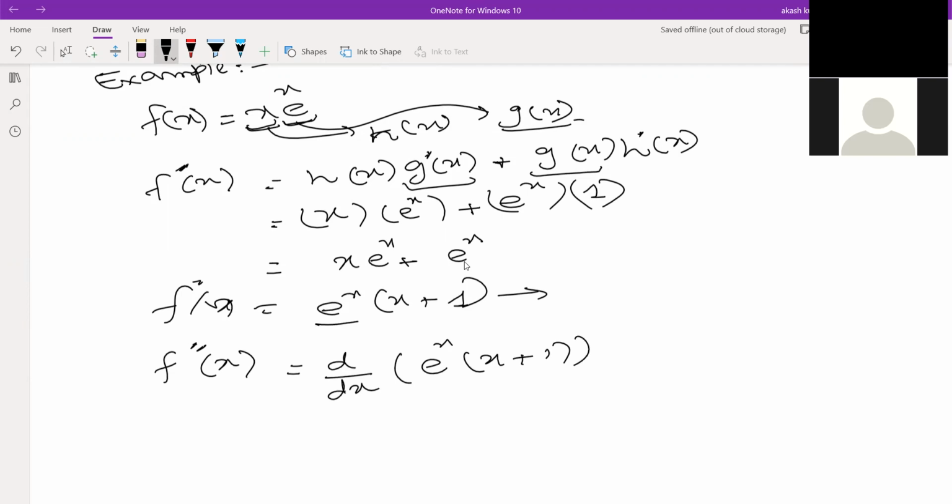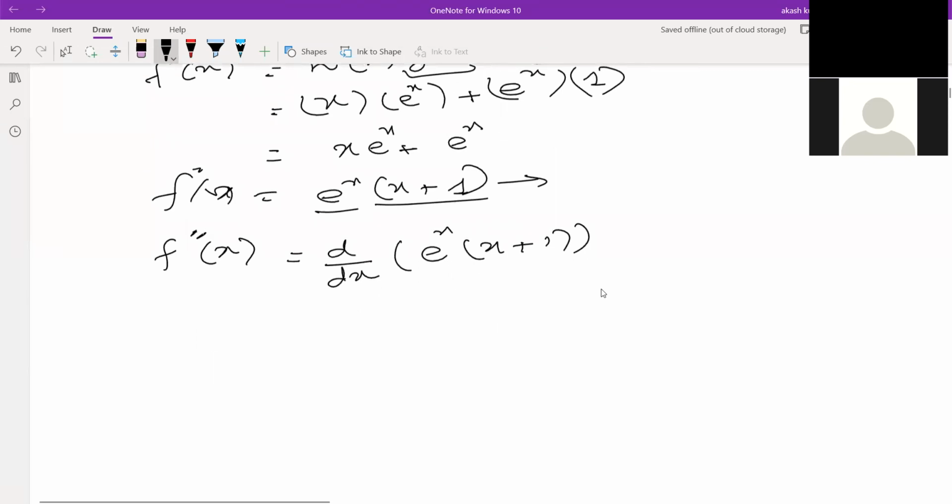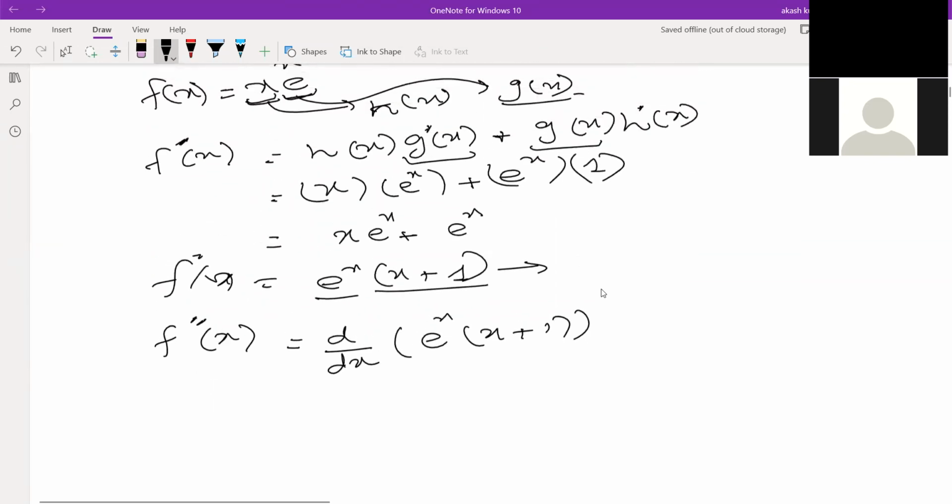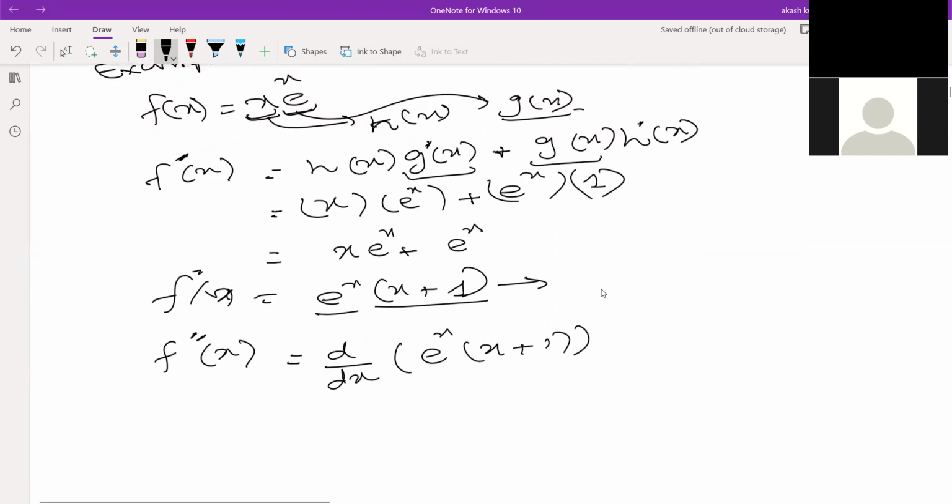Again, the two functions are multiplied. So first we will leave e^x by itself, and then we're going to derive the second part. Then we take the derivative of the second part, then plus sign of the formula, right?